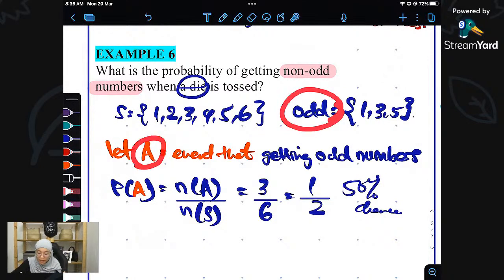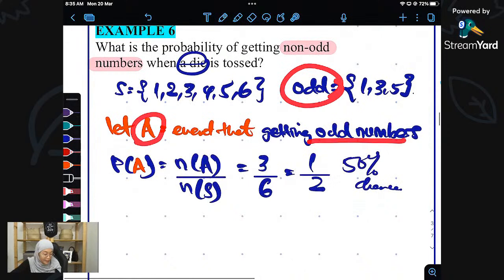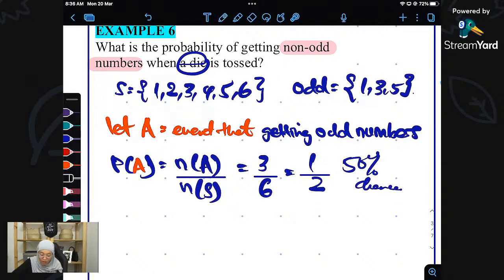I started with odd. Therefore, I know one thing, I think all of you know this one: A prime. Since we know that A is getting the odd numbers, therefore the A prime is the opposite.